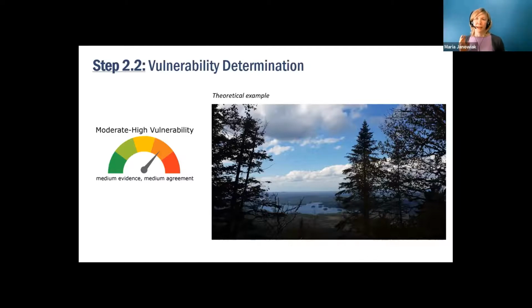I'll describe what this process looks like and why we do it in a little more detail. But what this can be valuable for is, let's say you have a project area that has 4 forest types or 4 units. You can get a relative sense of how vulnerable each one is, and identify those that are more vulnerable than others.